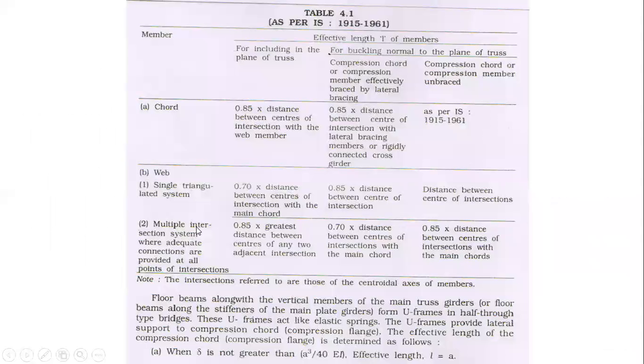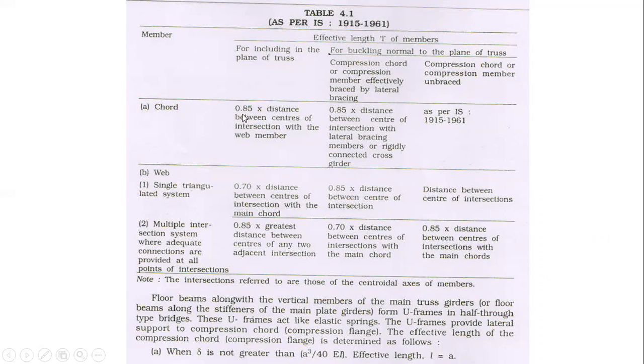Now these are some criteria given in IS 1915 regarding the design of various members. If you are designing the chord member, that is the top chord or the bottom chord, you have to take the effective length of the member as 0.85 times the distance between centers of the intersection with the web members.